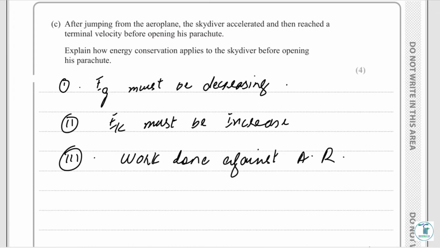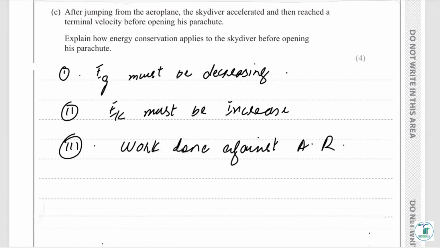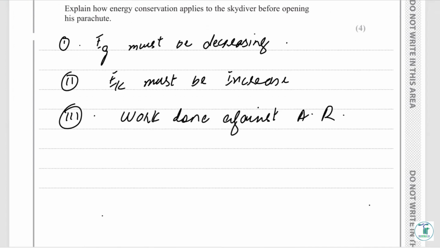Now, as the terminal velocity is achieved, gravitational potential energy would be all gone, and you would be doing just work against the air resistance, right?